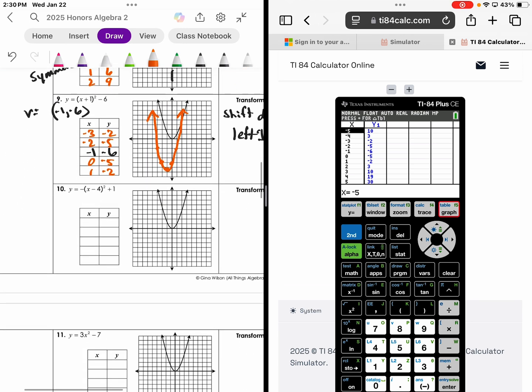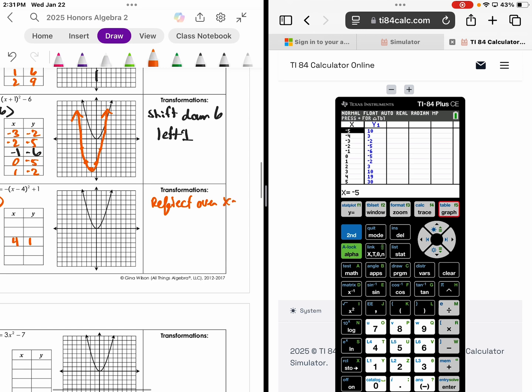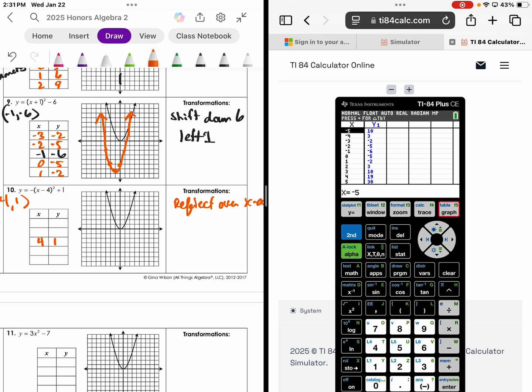Number 10. What's my vertex? Thank you. 4, 1. So 4, 1 goes in the middle there. How am I anticipating it to shift? All right, reflect over x-axis. What else? Up 1.